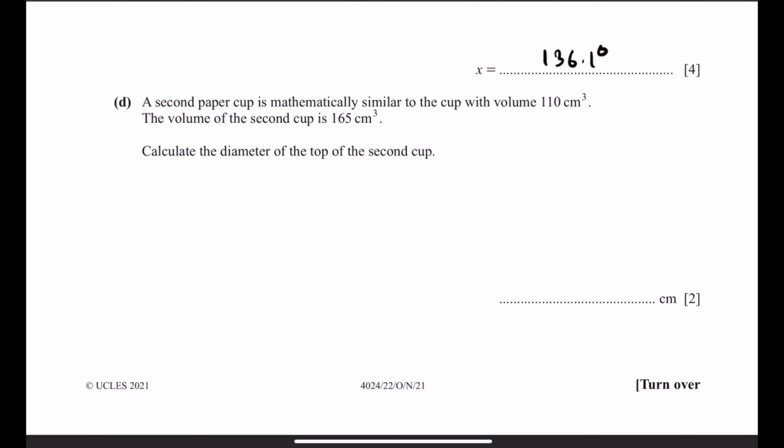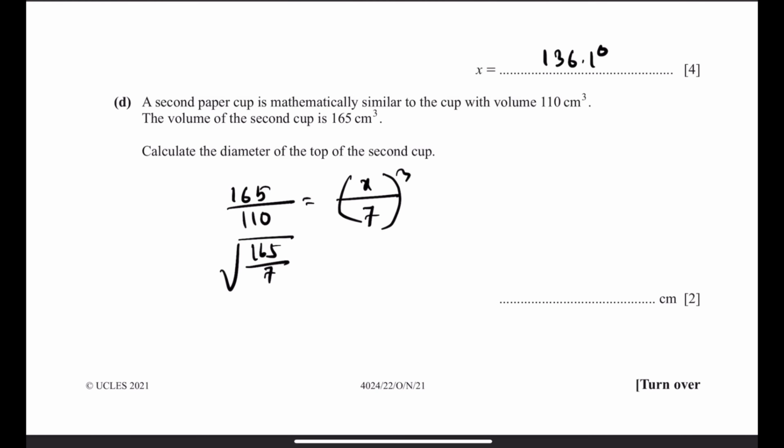That is 165 divided by 110 equals to, its diameter is 7, expected one's diameter can be x cube. You can find out now cube root of 165 by 110.